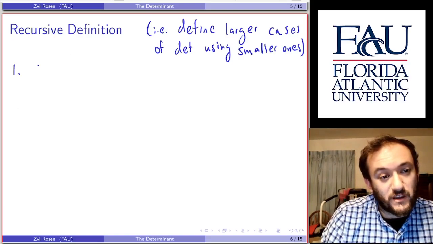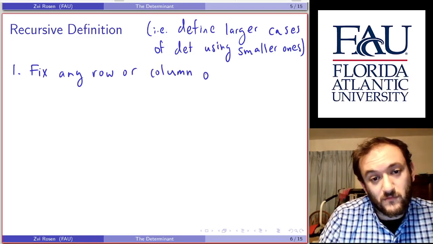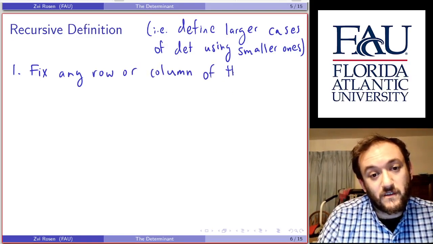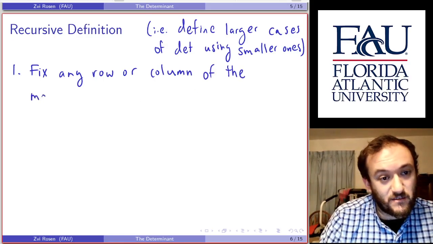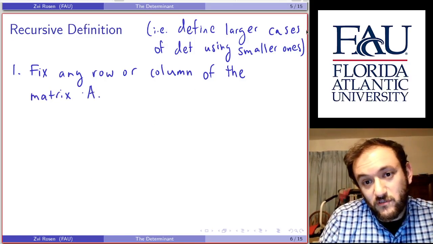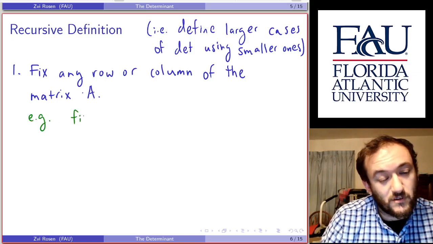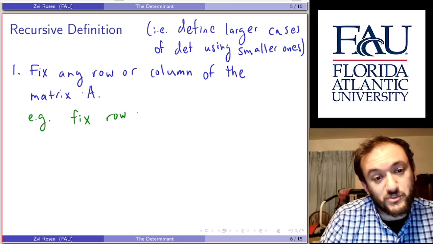Step 1, fix any row or column of the matrix A. For example, fix row number 2.